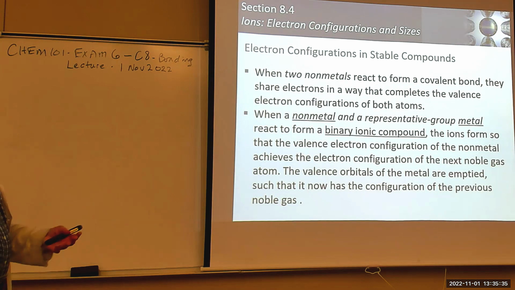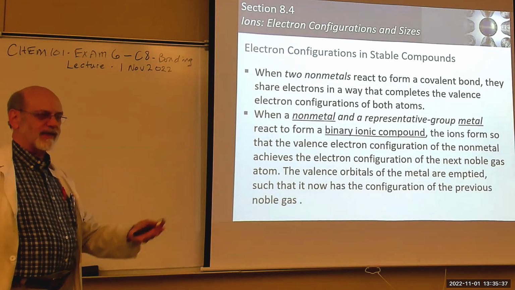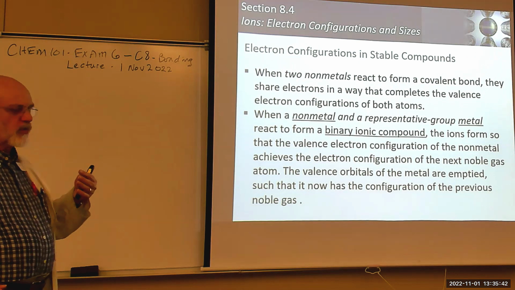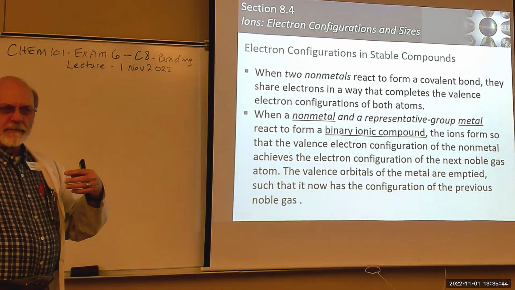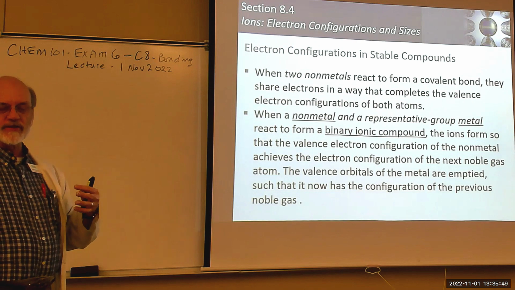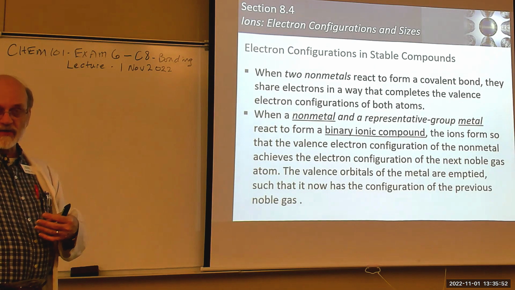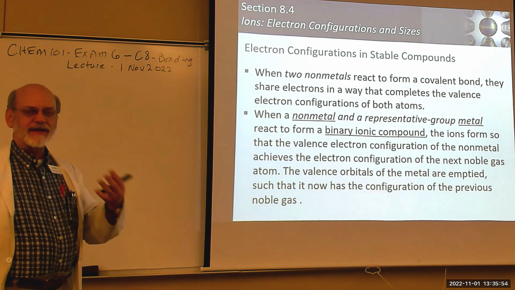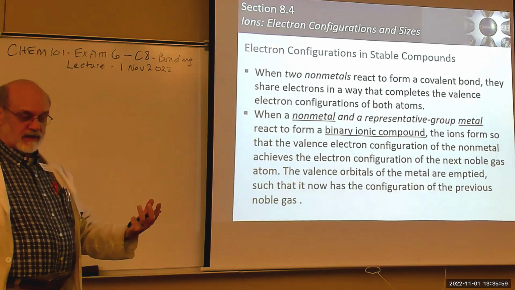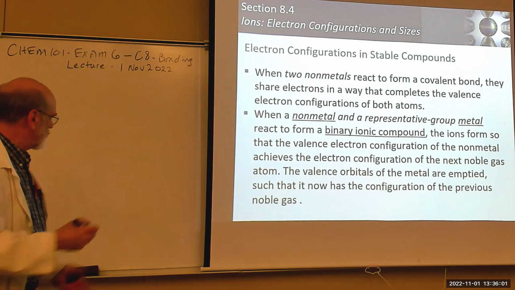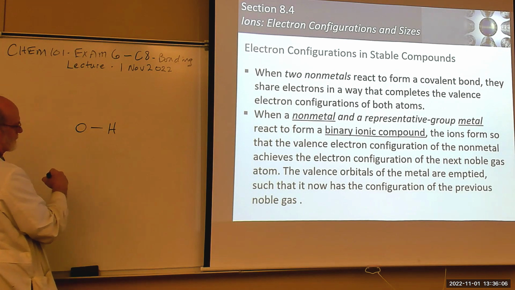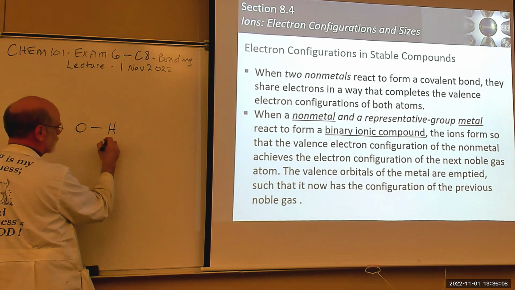So when two nonmetals, those were metals, when two nonmetals combine and form a bond, they do so in such a way that they complete each other's valence shells to the noble gas configuration. But we don't add enough electrons so that each one can have the noble gas configuration. They're sharing electrons. So if oxygen is bonded to hydrogen, which is not a really good example because this is a duet, right?